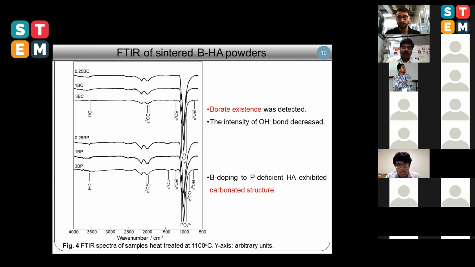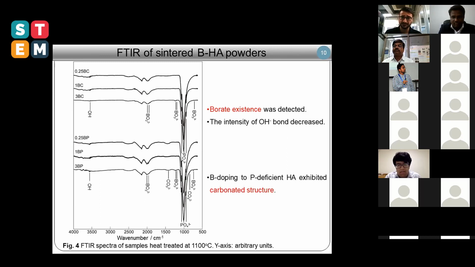Further, we would like to investigate where the boron is and how it reacts in the hydroxyapatite structure. For this purpose, we took FTIR with different boron contents and different deficiency sites, where BC is the calcium deficiency site and BP is the phosphate deficiency site. From the FTIR result, we can detect the existence of borate in the structure.